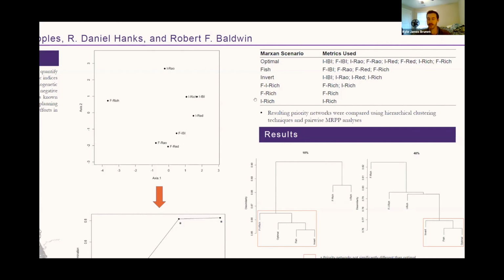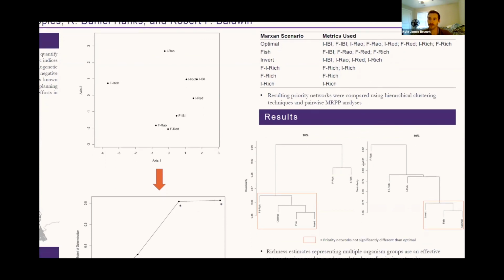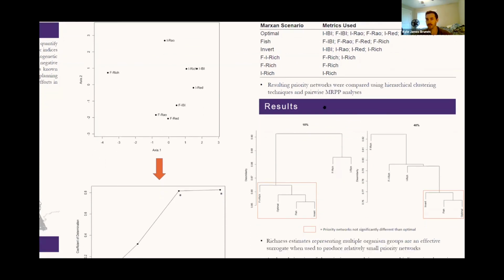These bottom 3 scenarios are going to be really data poor situations, right? So maybe you're in a region that doesn't have a calibrated biotic integrity formula, or you don't know what traits your species exhibit. So we analyzed these different scenarios just using hierarchical clustering and MRPP analyses.